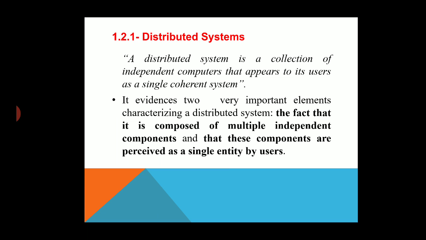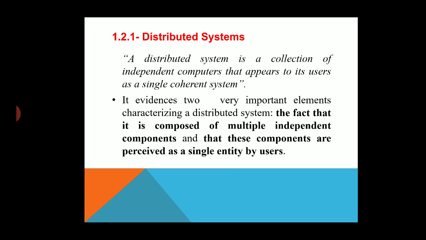Distributed systems. Clouds are essentially large distributed computing facilities that make their services available to third parties on demand. That is, they provide services to the users. Now, as the definition goes, a distributed system is a collection of independent computers that appears to its users as a single coherent system. What does this mean?